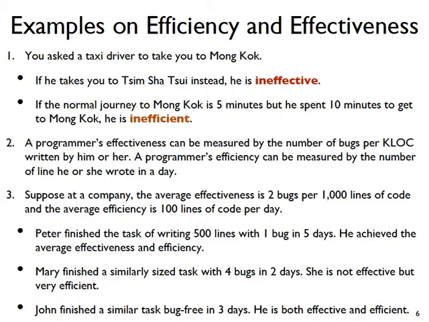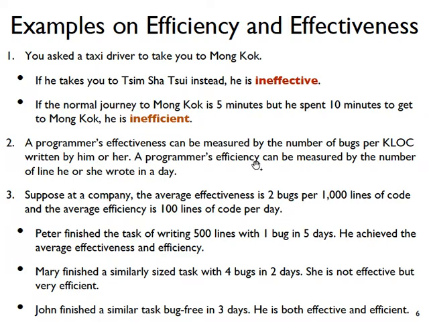But suppose your friend is a race car driver. He drives very fast. Other people take 10 minutes to Mongkok, but he only takes 5 minutes. So from the time perspective, if he can take you there in a short time, then he's efficient. But if he drives very slowly, much slower than other people, then he's inefficient.